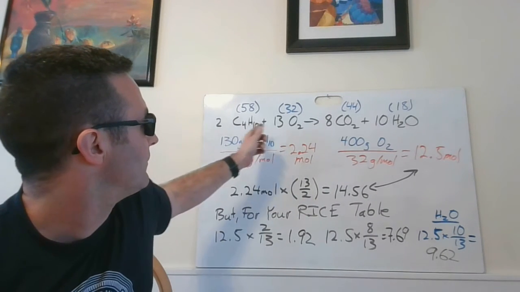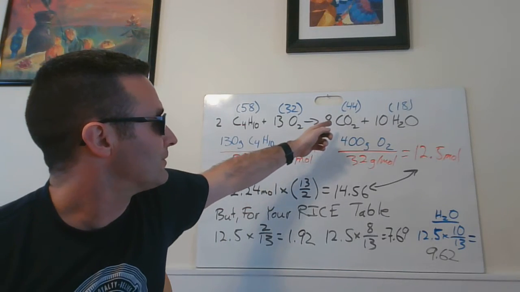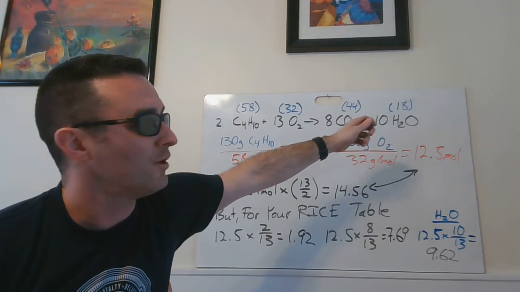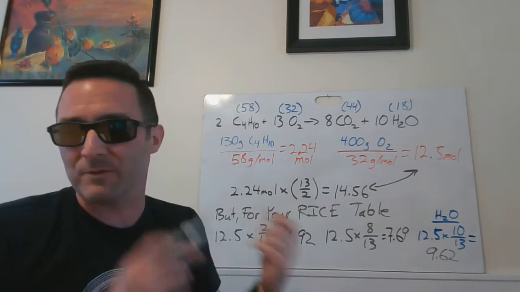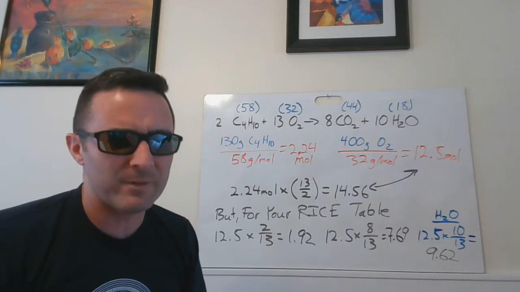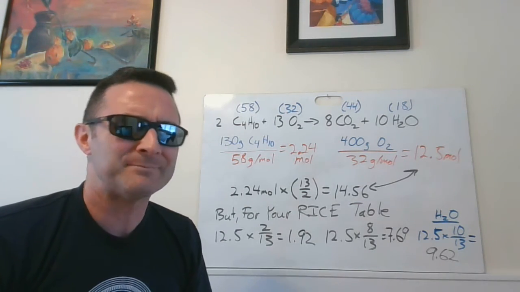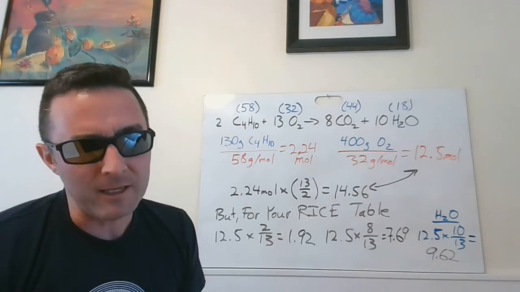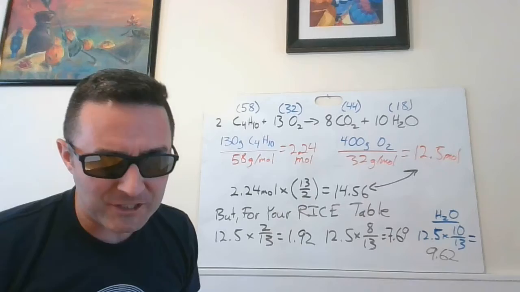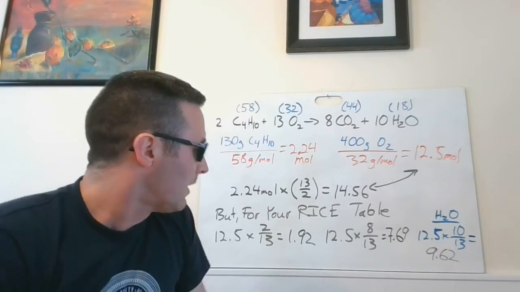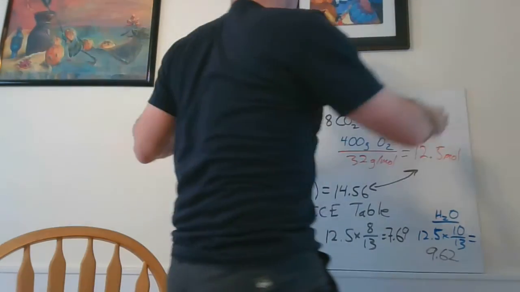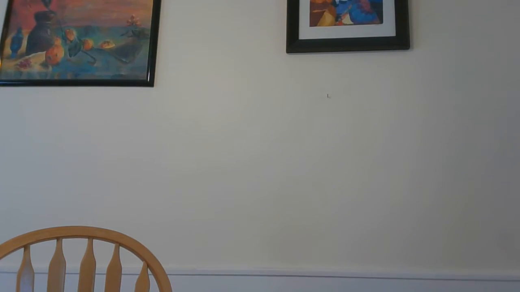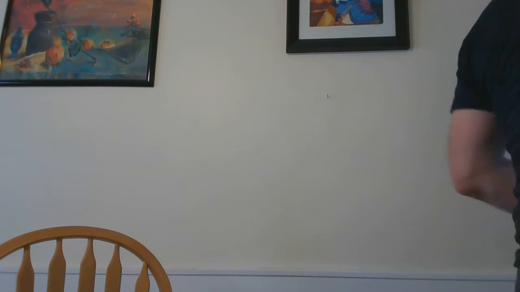Now, if it's like a 2 to 4 to 6 to 5, where there's just one number that's off and there's kind of like an even number relationship in there that makes it a little bit simpler, maybe you can convince me. This is really wonky. I'll show you the rice table anyway, because it's still there. And let's have the numbers come out. And then I'll show you the math method. So, rice table.